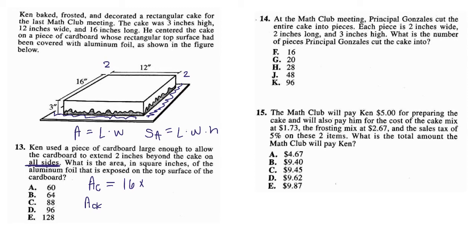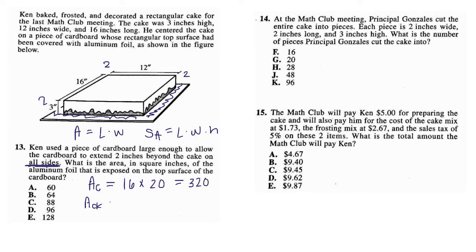But then we're going to have 16 and then added 2 and 2 again, so that's going to be 20. So 16 by 20, that area is going to be 320.